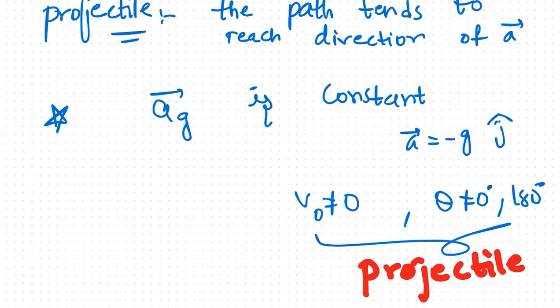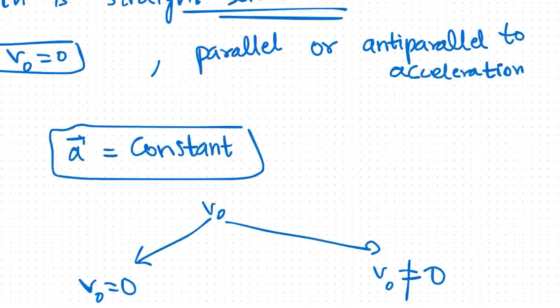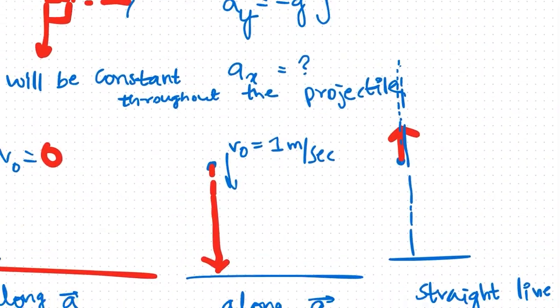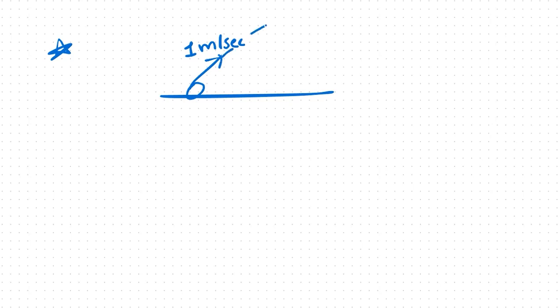Okay, come to the next page. Throughout the path, what did we observe is it is given some velocity, well, let's say 1 meter per second. It will go up to the maximum height.